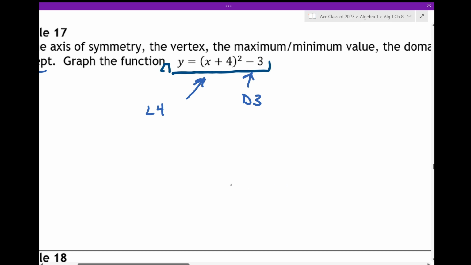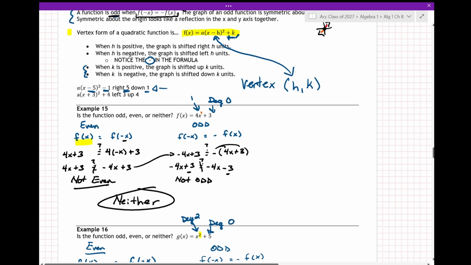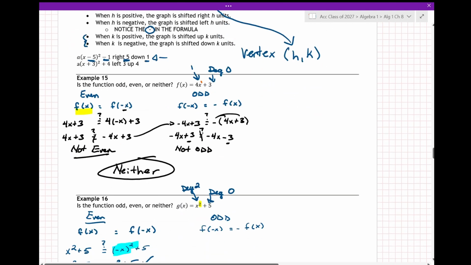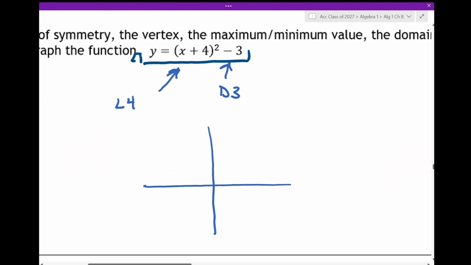So now whenever I get to graphing, we have our parent function, and let me just look up what the last problem was, just to remind me. No, this is our first vertex graph. Okay. So our parent, let me just graph him in really quick. We're at 0, 0, up 1 over 1, the other direction, then we'll go 1, 2, 3, 4.